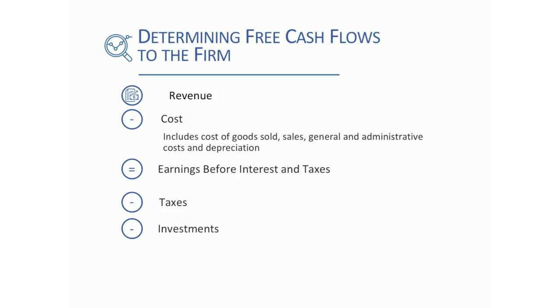Finally, we have to take into account that in order to produce these earnings, the firm has to invest. And there are two main kinds of investments that we will be interested in. We will have capital expenditures. Those are investments in buildings or in cars and trucks or machinery.